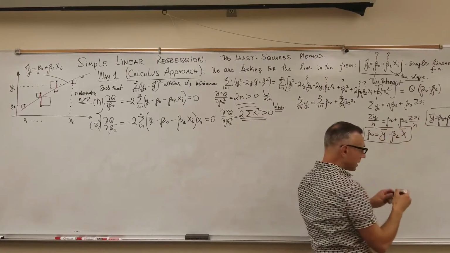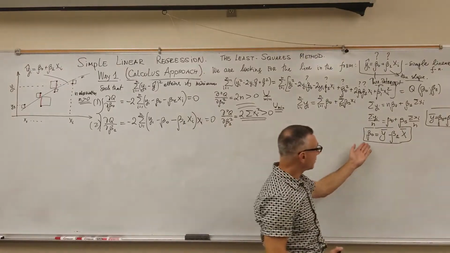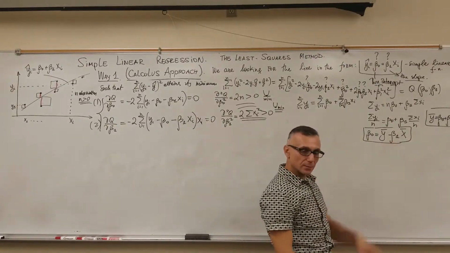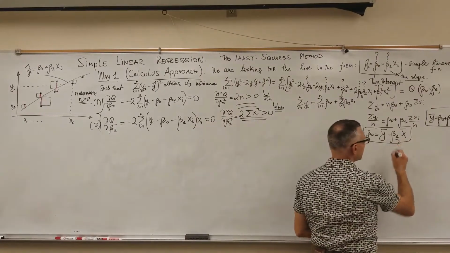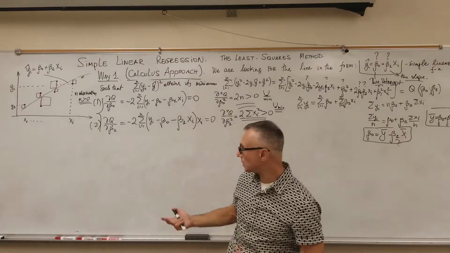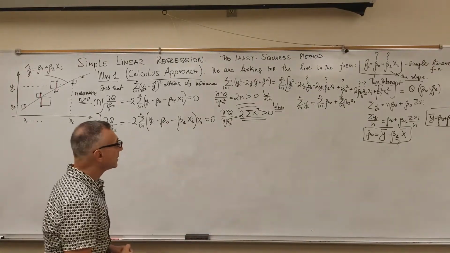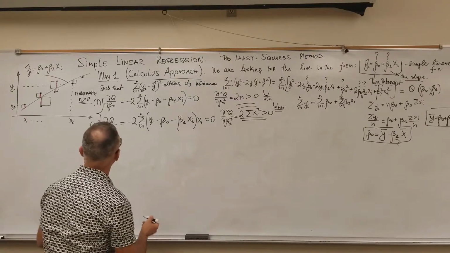So I have a formula for my intercept, beta 0. I need to find beta 1. Beta 1 is unknown, and I will find it from my second equation, from here, and find the common intersection, the common part of those two.